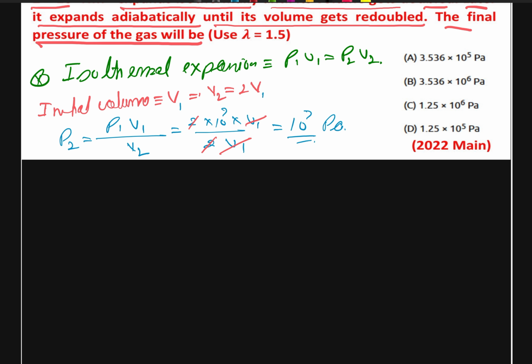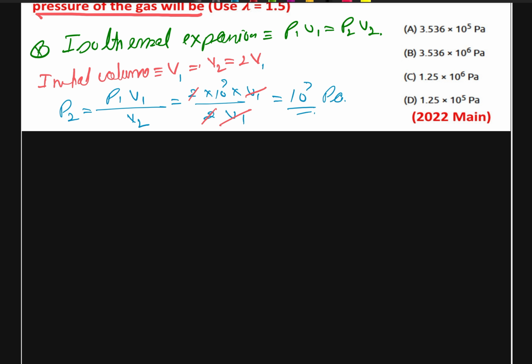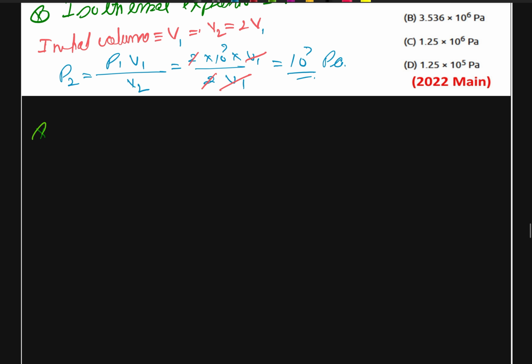And second process is our adiabatic. So you can see we are having our adiabatic process, and which we know is our PV raised to power gamma is equal to constant.